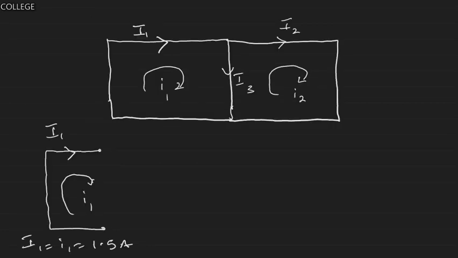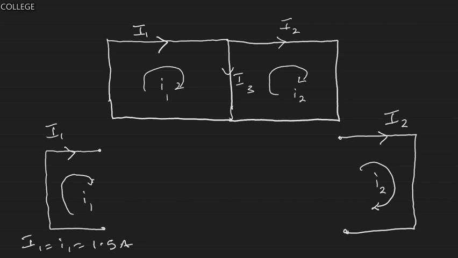Now for i2, we have the branch current i2 starting from this node and ending at this node. This is what they refer to as the branch current here.